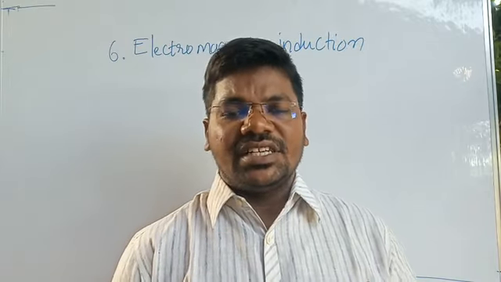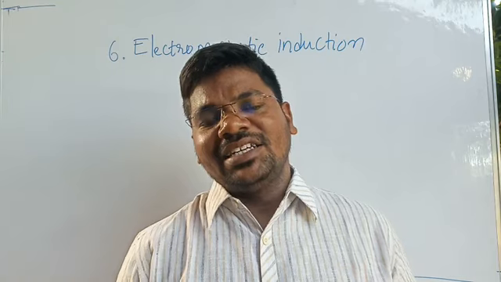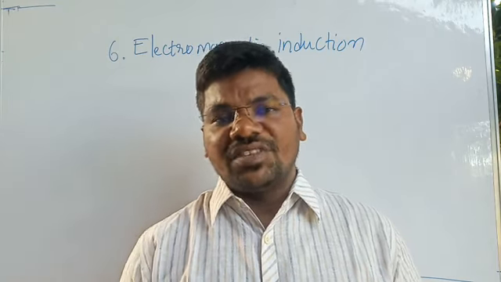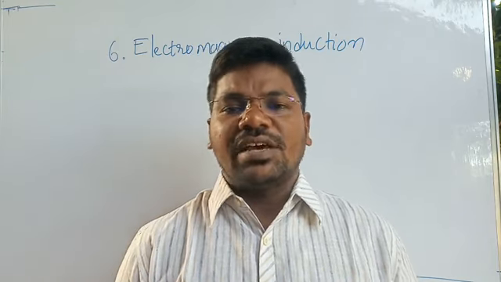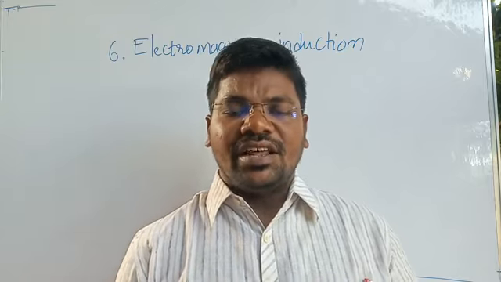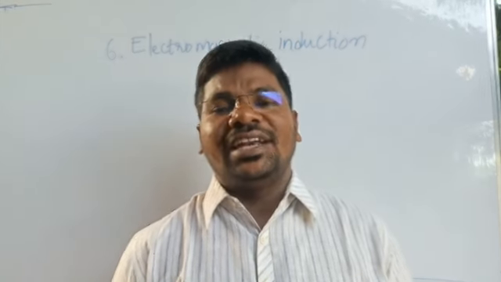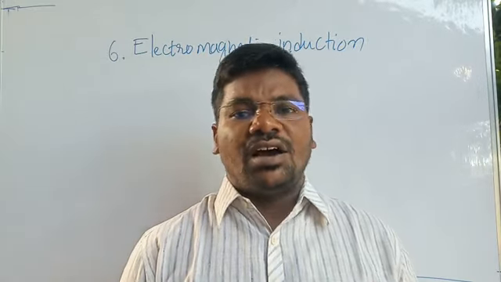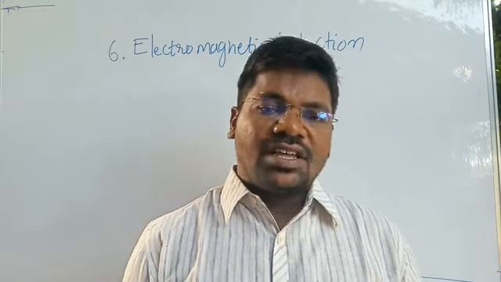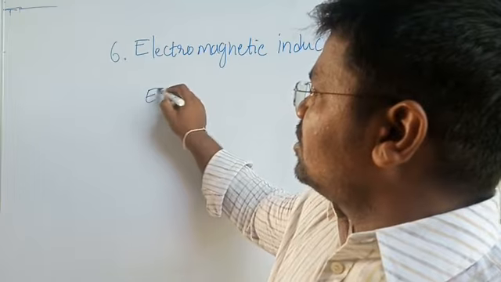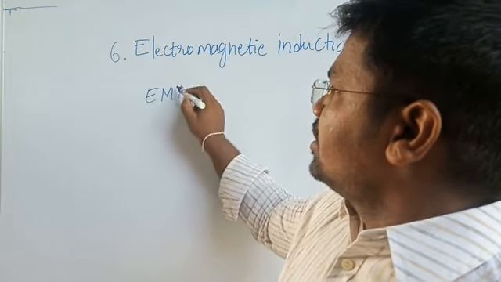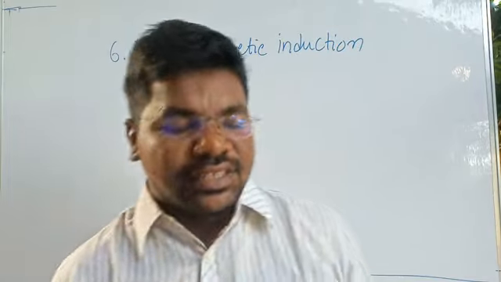In the previous chapters, from the current we produced a magnetic field. Electromagnetic induction can be written as EMI.